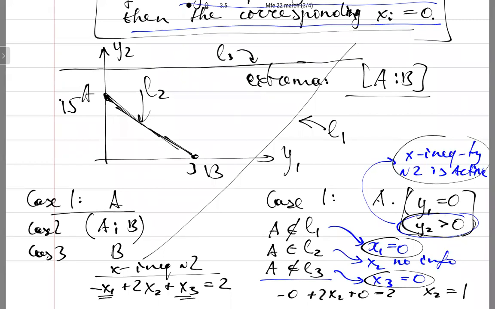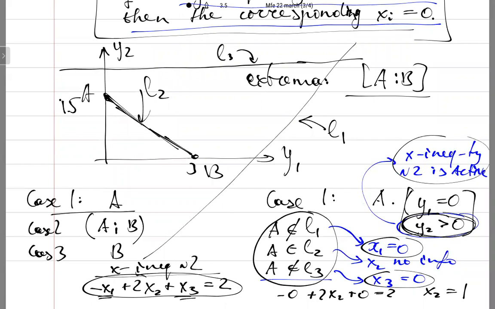No, it's a trap. Be careful. To use inequality number 2, I pay attention to the fact that y2 is positive. Y2 is just like a lambda for this constraint.